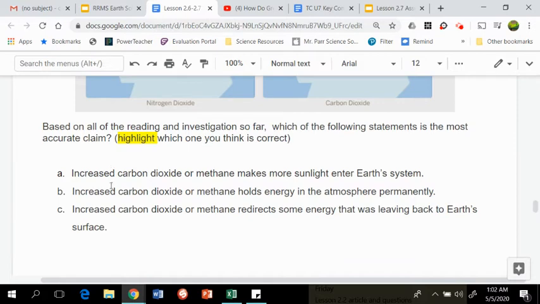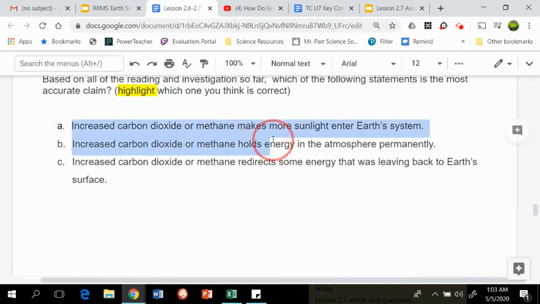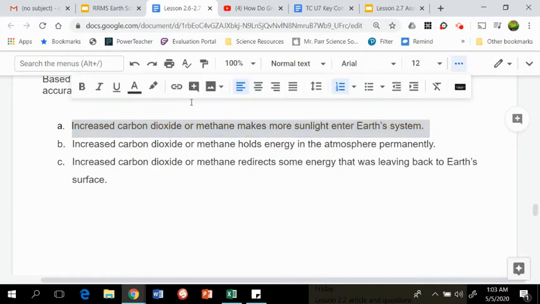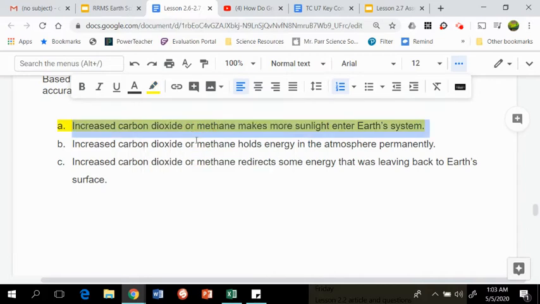Or C, increased carbon dioxide or methane redirects some energy that was leaving back to the Earth's surface. So you're going to highlight, which means you're going to select whichever one you think is correct. You're going to click on these three dots, and here's highlight. You're going to highlight which one you think is correct.